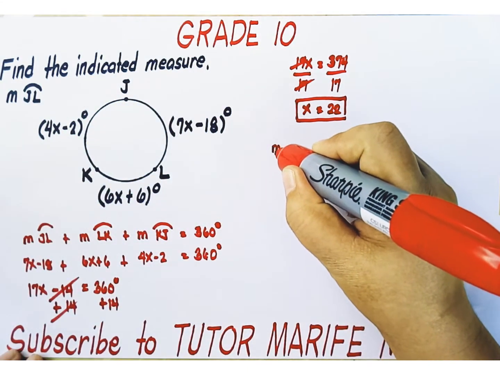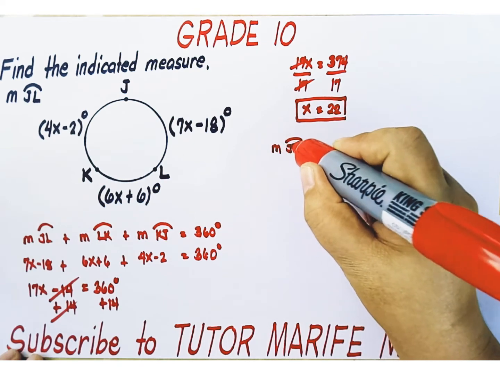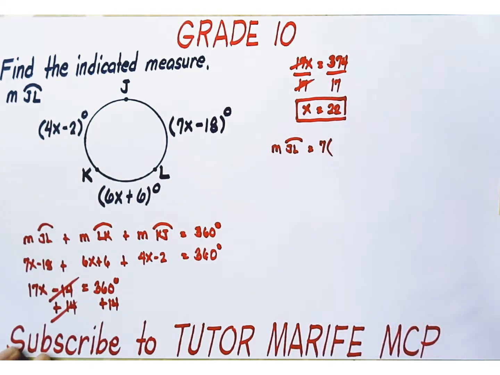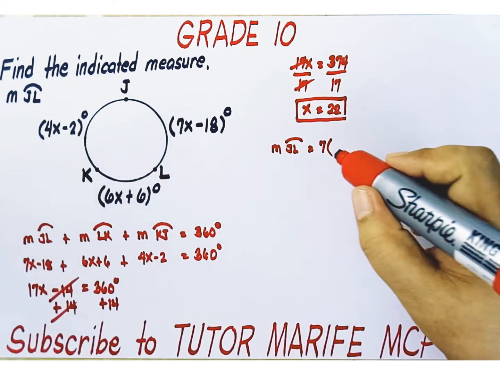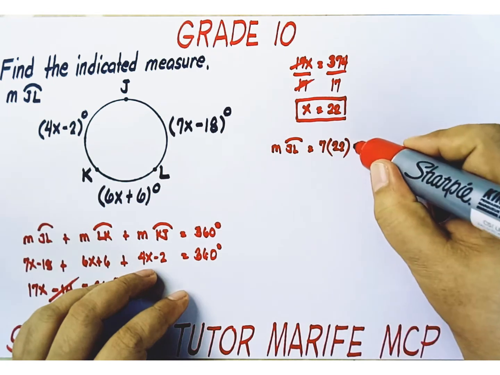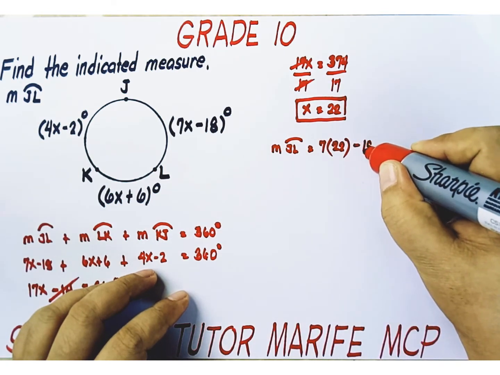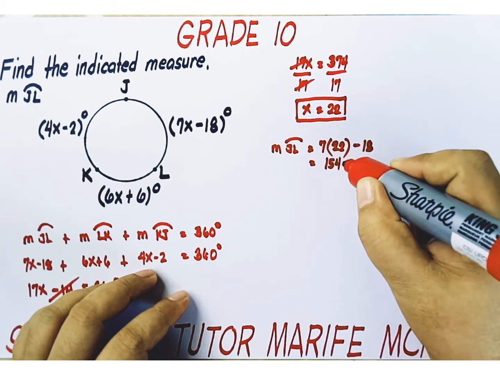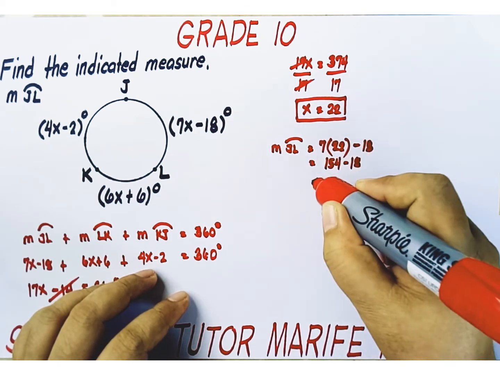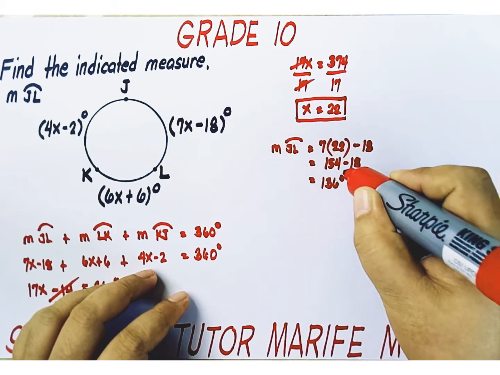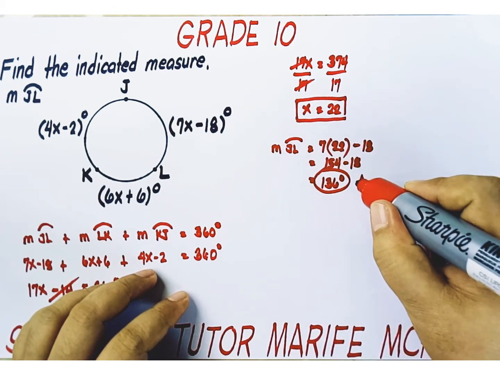So measure of arc JL is equal to 7, replace x with 22, 7 times 22 minus 18 equals 154 minus 18 equals 136 degrees. This is our answer.